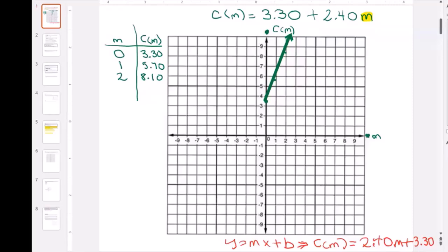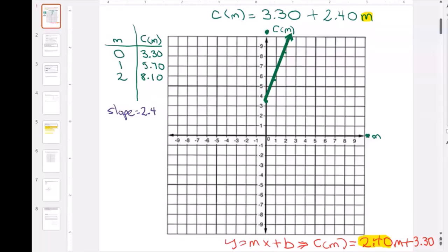So we can see that if I wanted to find the slope of this line, it would be 2.4. The slope is also known as our rate of change. So our slope here is equal to 2.4.